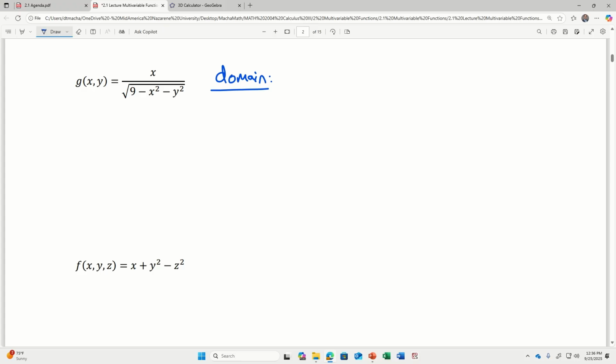So x squared plus y squared would have to be less than 9. Yeah, I think you're right. So I want the radicand to be positive. So that means I want 9 minus x squared minus y squared to be greater than 0.